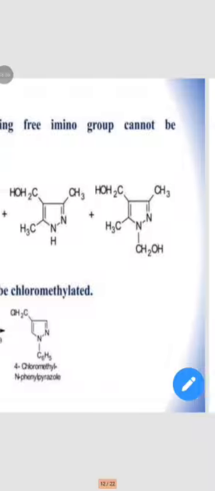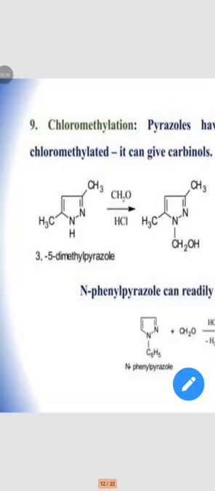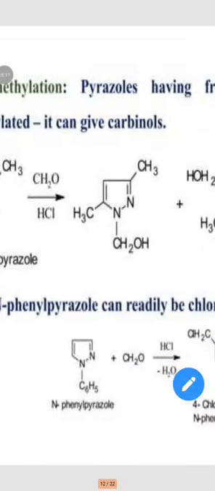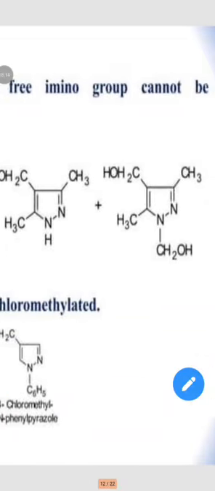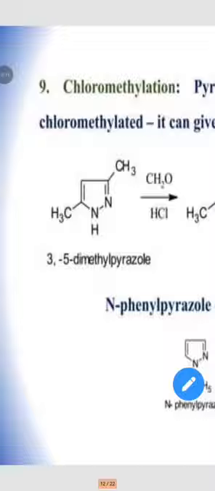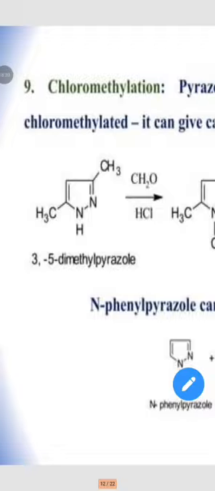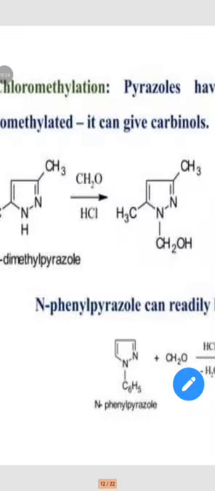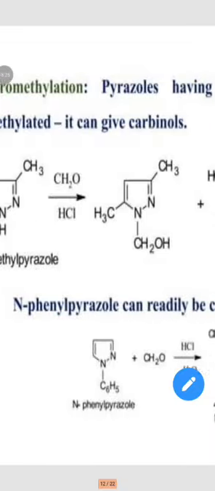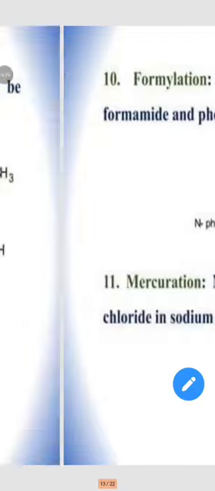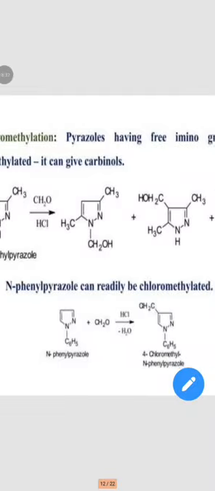Pyrazoles having a free imino group cannot be chloromethylated, but they can give carbinols. So 3,5-dimethyl pyrazole is reacted with CH2O in the presence of HCl to form a product.